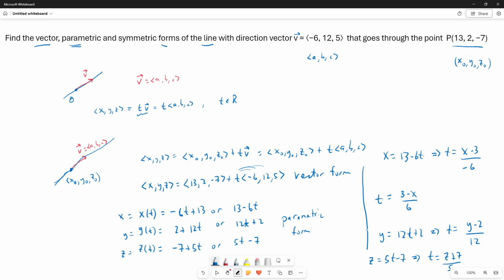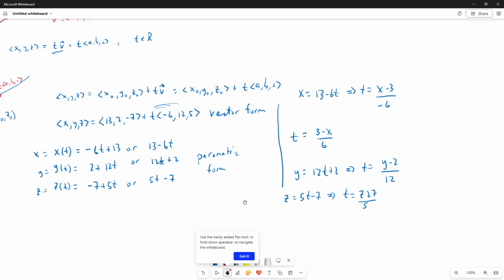So now we have three different expressions for t. t is equal to this, t is equal to that, and t is equal to the other. So the symmetric form is to equate these fractions: (13 minus x) over 6 equals (y minus 2) over 12 equals (z plus 7) over 5.